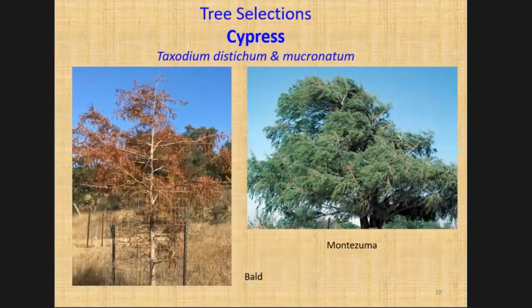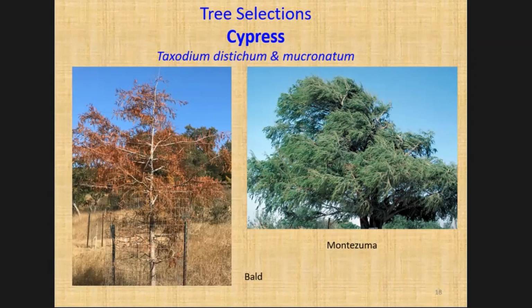Cypress trees. There are two types that grow native here. The first one on the left is the bald cypress. It's deciduous, grows anywhere from 60 to 100 feet tall. It's a fairly slow growing tree, but super sturdy. It's actually a conifer, and most conifers are not deciduous.